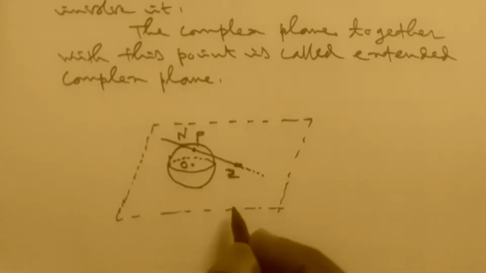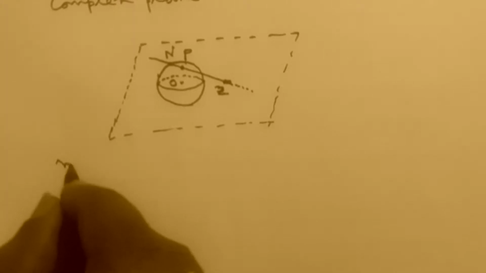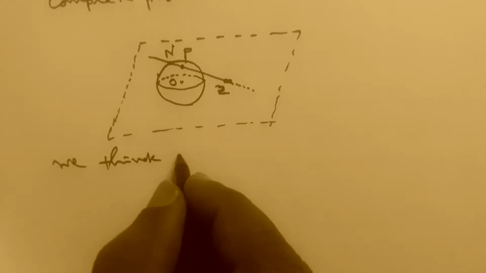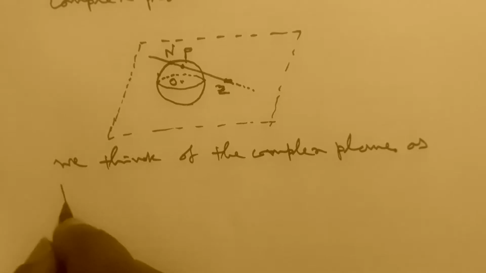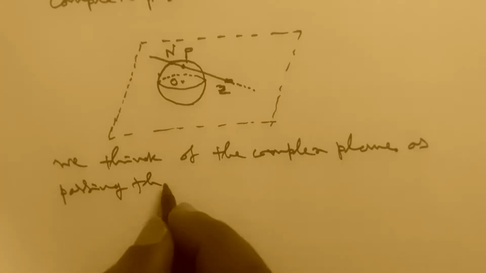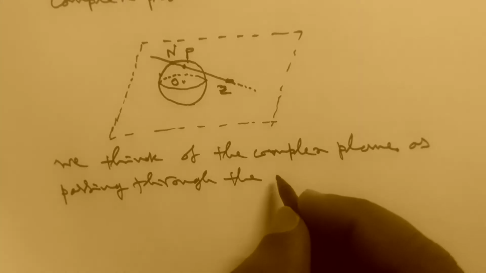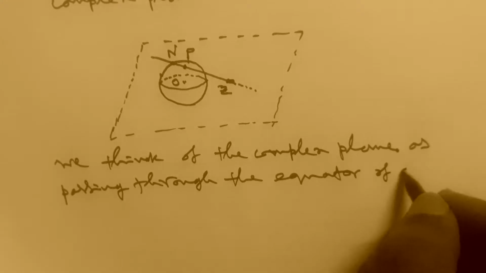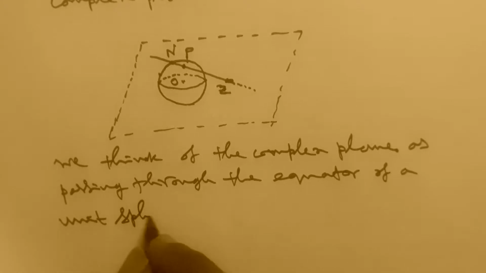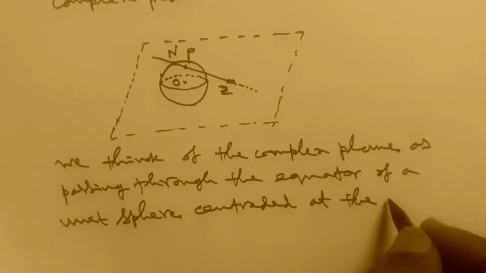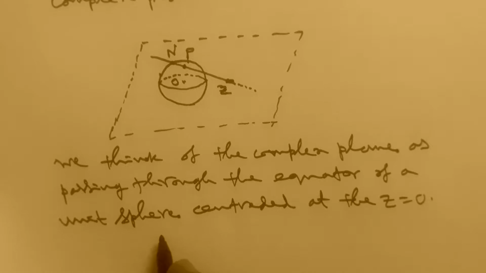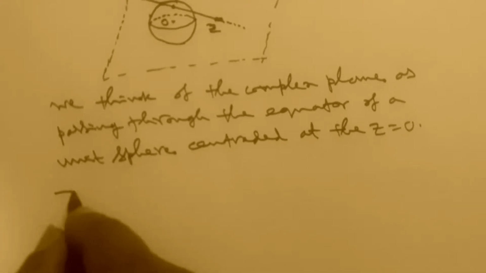So the sphere: we think of the complex plane as passing through the equator of a unit sphere centered at the point z equals 0.